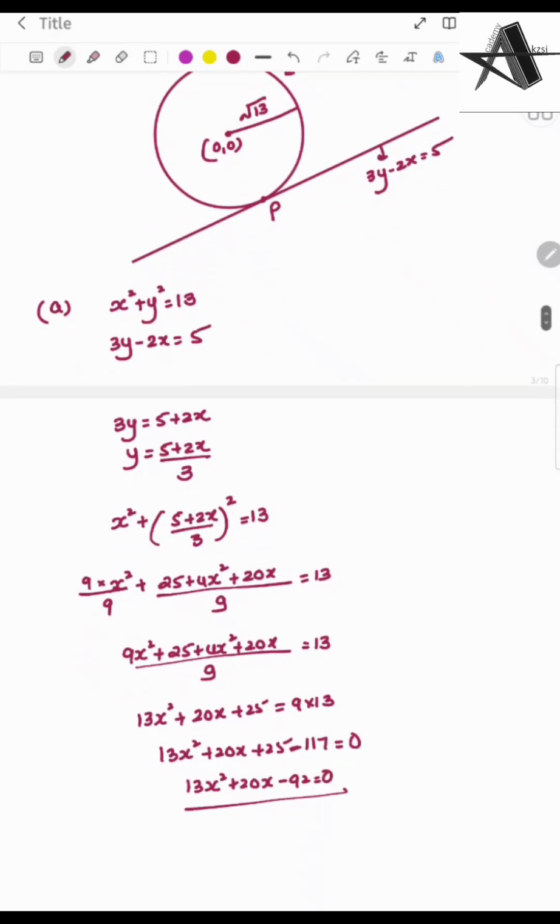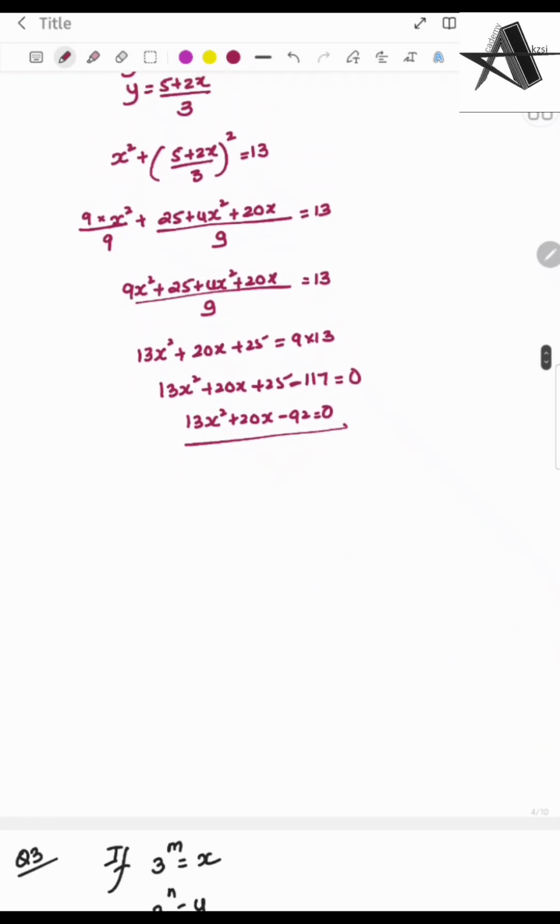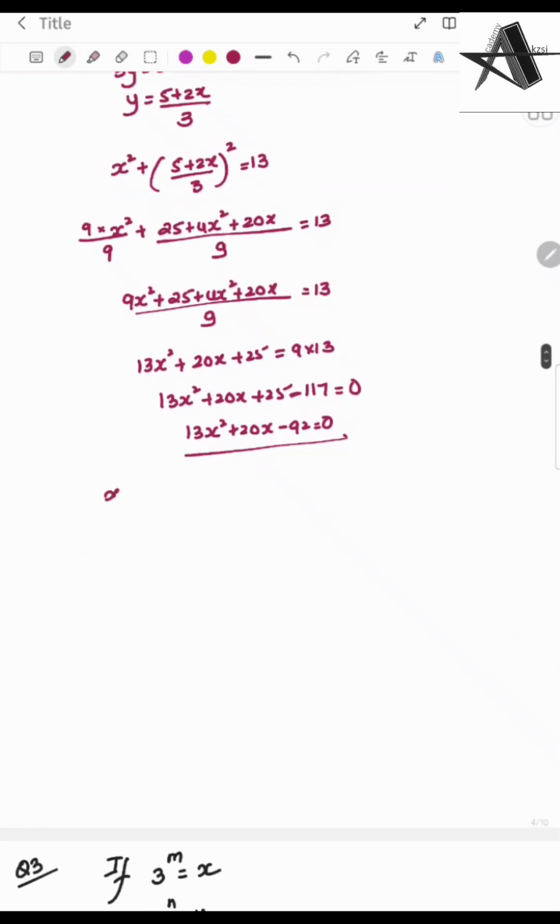Use the quadratic formula to calculate the answers x1 and x2. x1 and x2 is minus b plus minus root b squared minus 4ac over 2a. b is 20.